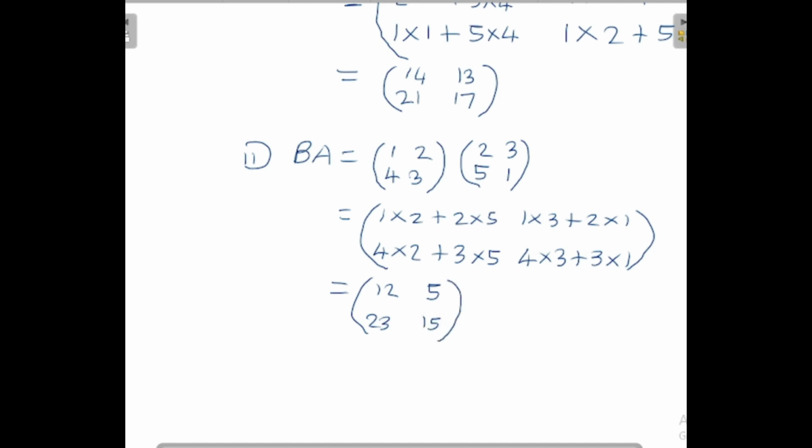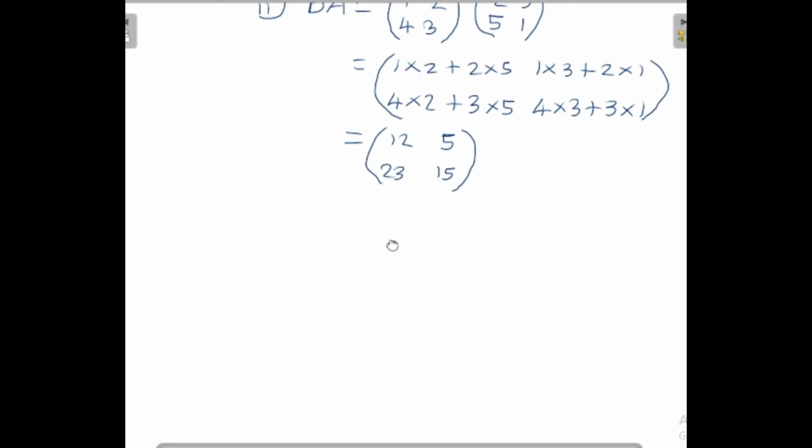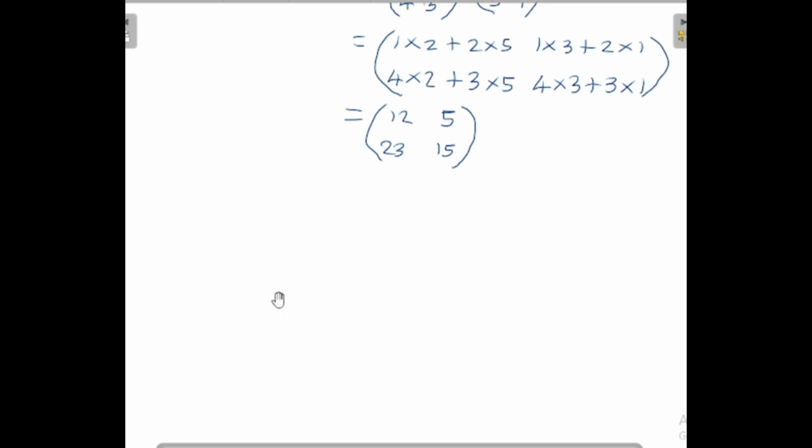So let's look at another question, the last question on multiplication of matrix. Let's look for another question.